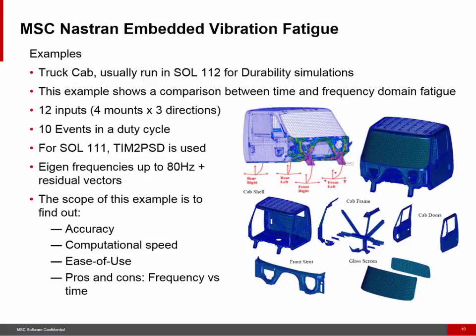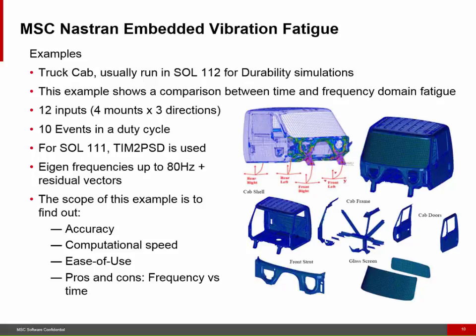Here's another example that also demonstrates the conversion from time to frequency domain, and it's a truck cab, which is normally run in solution 112, so modal transient response, where you have 12 input signals consisting of 4 mounting points of the cab to the frame, and then you have 3 directions in each one of those mounting points.